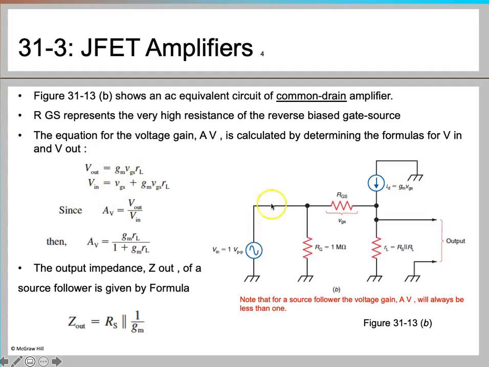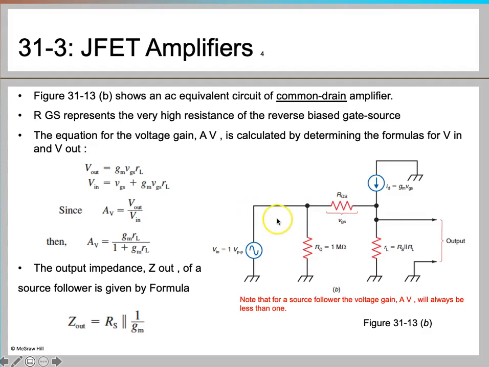Now in this case the input voltage is going to be a little different, because we have to consider the VGS across this and then this. So we are going to consider this branch and this branch as well.